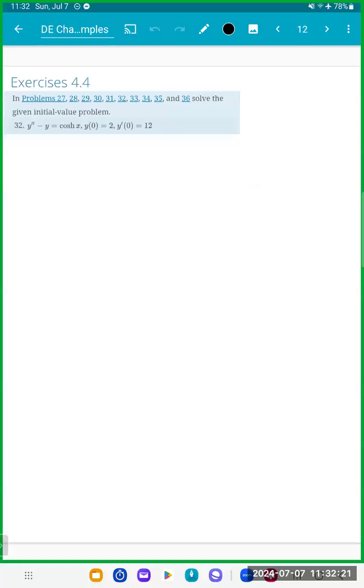Okay. So for this next problem, we are looking at an initial value problem. So we have m squared minus 1 is equal to 0. So our m is equal to 1 or negative 1. So our complementary would be C1 e to the x plus C2 e to the negative x.